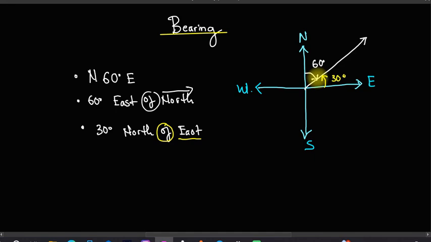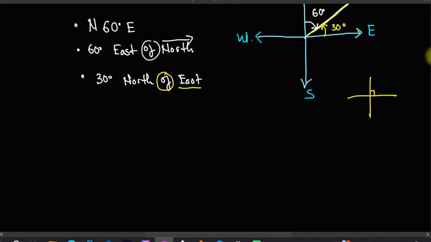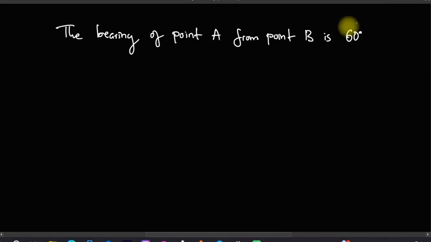Now I can also use the same line as our direction, because each of these 4 quadrants is 90 degrees. So 60 plus 30 degrees is 90 degrees. So this is our direction as well for 30 degrees north of east. Now I hope you understand.